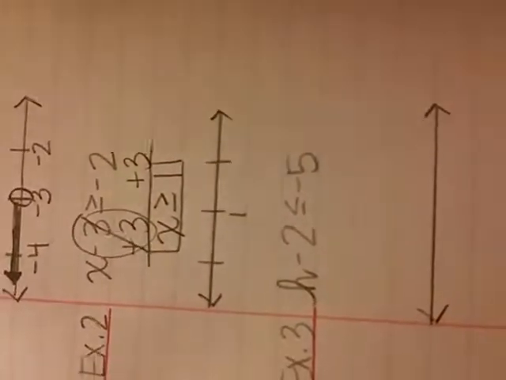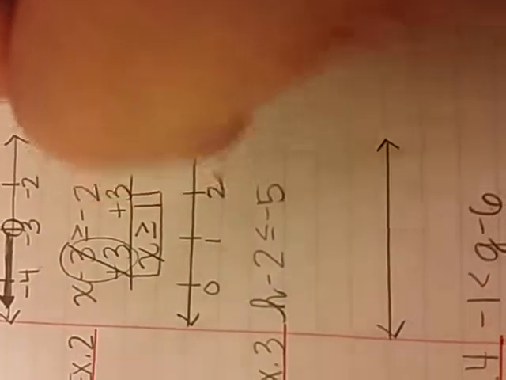I'm going to box out my answer. 3 intervals evenly spaced out. And in the middle, I'm going to have my solution to the inequality, which is 1. 1 value less is 0. And 1 value greater is 2.